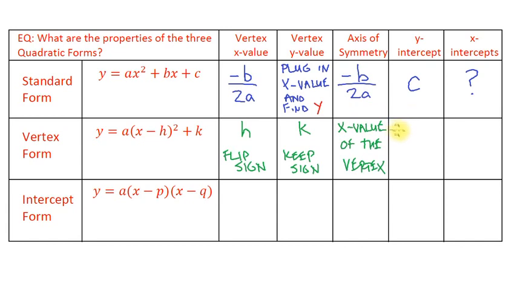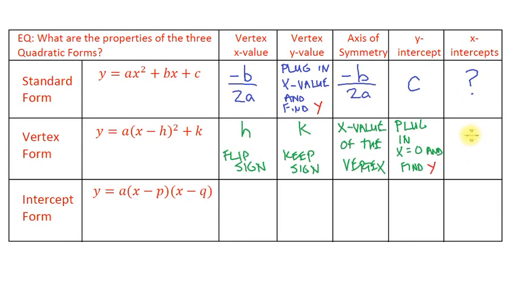So all you do to find the y-intercept is you plug in x equals 0 and find y. So we know the y-intercept is always at the point where x equals 0. So if you plug in as your input x equals 0 and solve for y, that's your y-intercept.